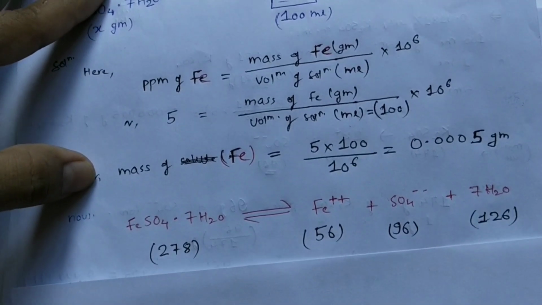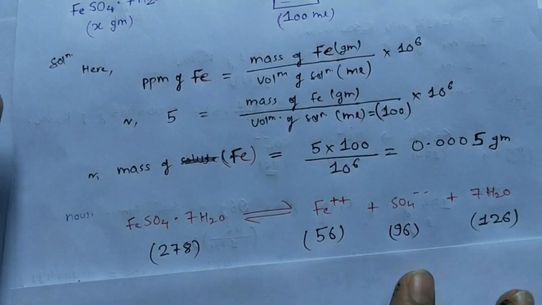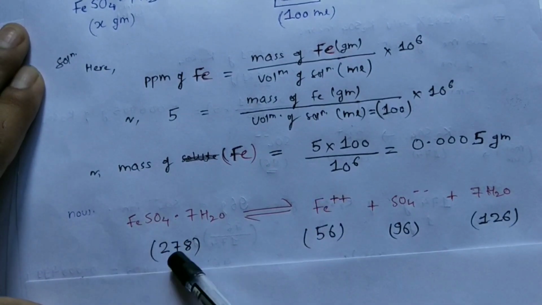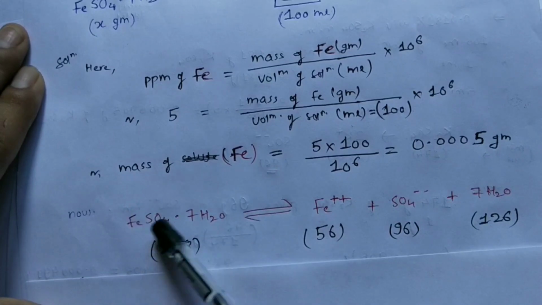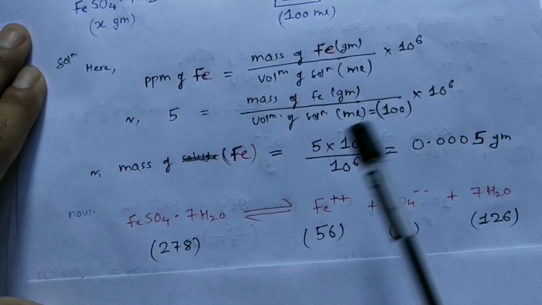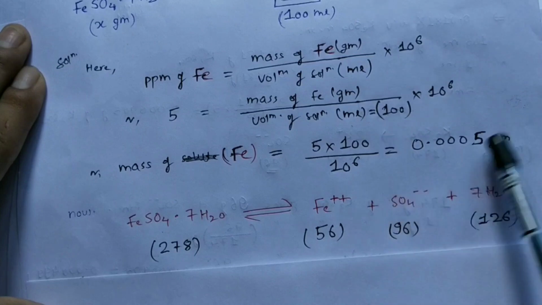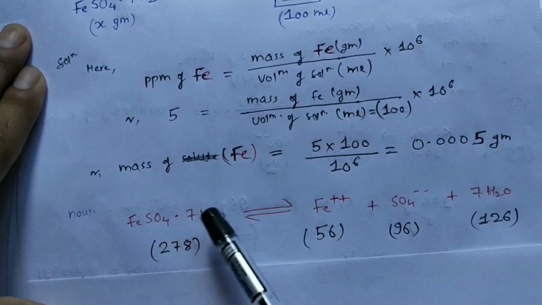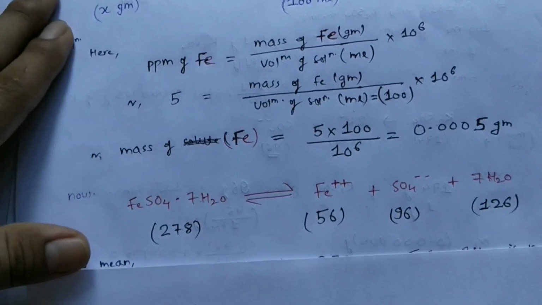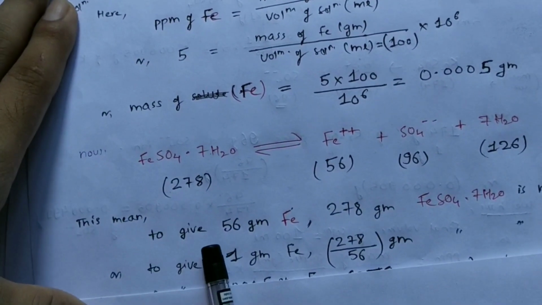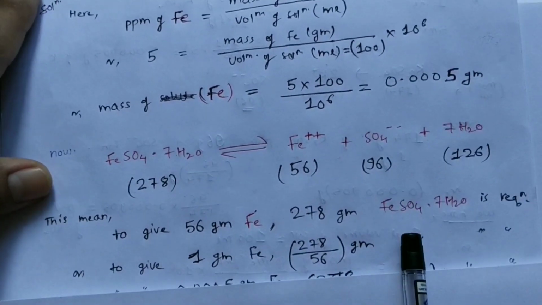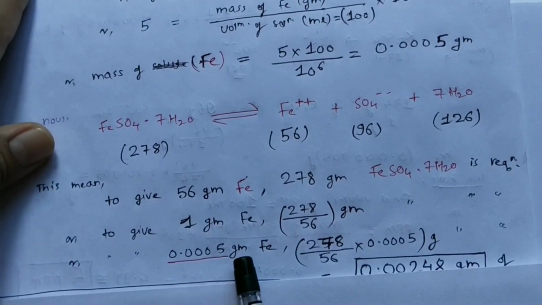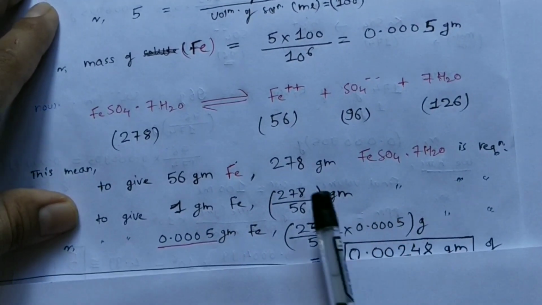Now what we know from this reaction is, to produce 56 gram of iron, 278 gram of FeSO4.7H2O is required. So to produce 0.005 gram of iron, how many gram of FeSO4.7H2O will be required? That you need to find out. It's easy. For 56, 278 gram of FeSO4.7H2O is required. Then for 1 gram, 278 divided by 56. Then for 0.005, just multiply by 0.005.